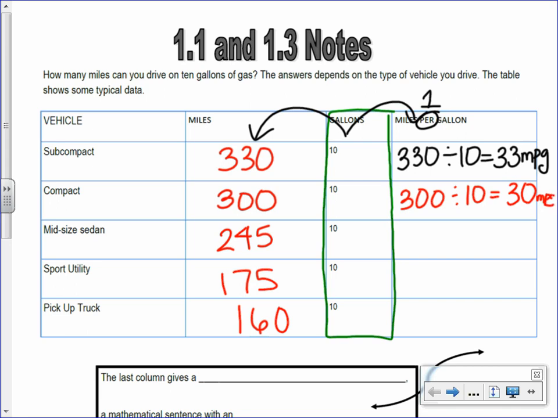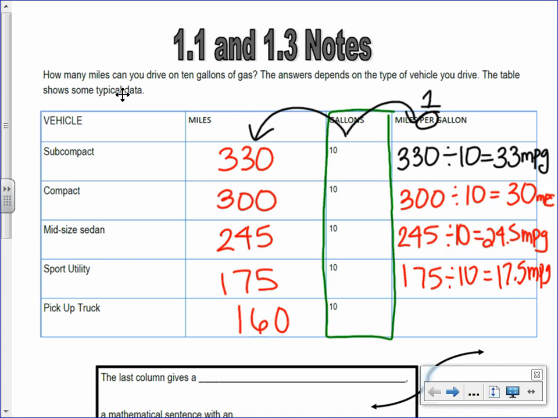Hopefully with the next one you said 245 divided by 10 and got 24.5 miles per gallon. The next one, 175 divided by 10, and hopefully you got 17.5 miles per gallon. And on the last one, hopefully you got 16 miles per gallon.